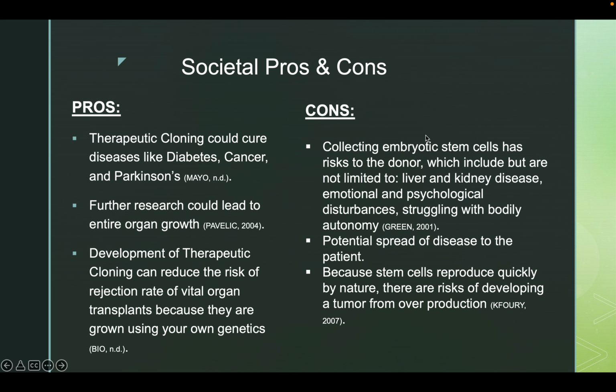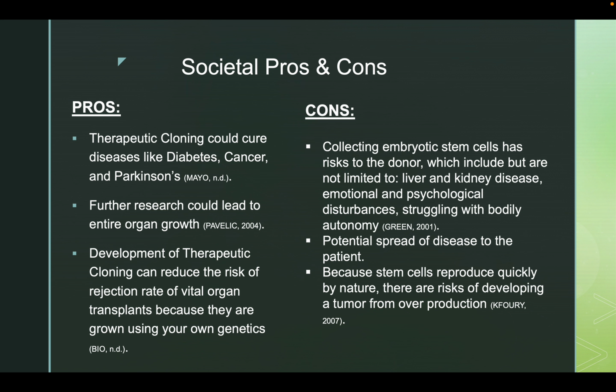So then shifting over here to the cons of this, so collecting embryonic stem cells has risks to the donor, which include but are not limited to liver and kidney disease. That's from hormone treatments like IVF, things that are just challenging for your body to process.